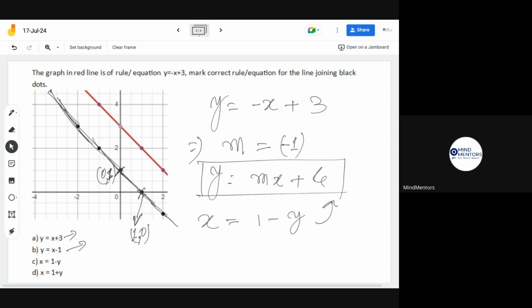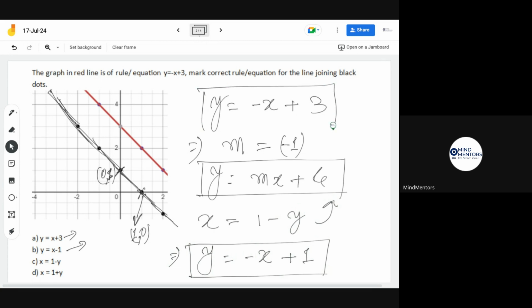I'll keep y on one side, bring y to the left side and take x to the other side, so it becomes y equals negative x plus 1, which means that this line and this line both have the same gradient, so they're parallel to each other. The other three lines are perpendicular to the red line.